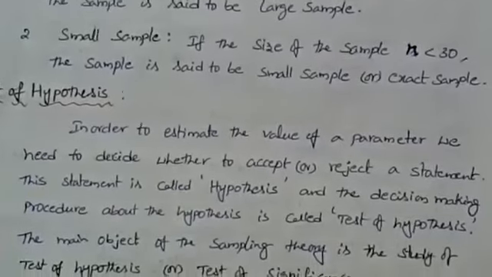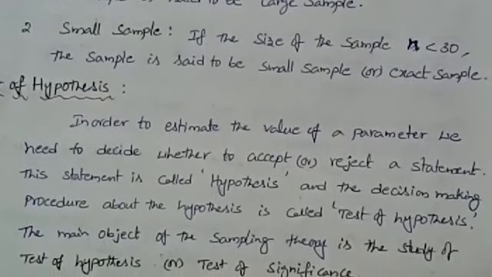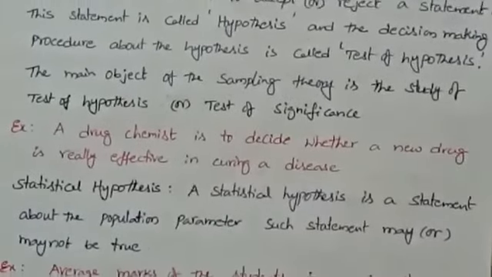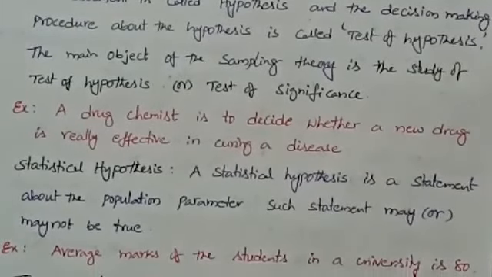In this example we already discussed the drug chemist. Next, statistical hypothesis. A statistical hypothesis is a statement about the population parameter.